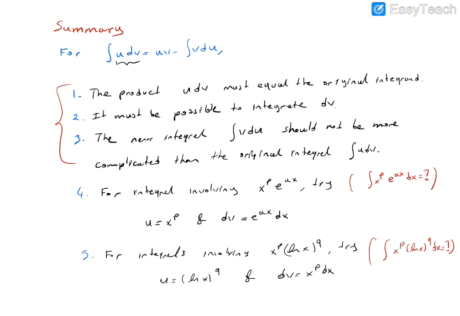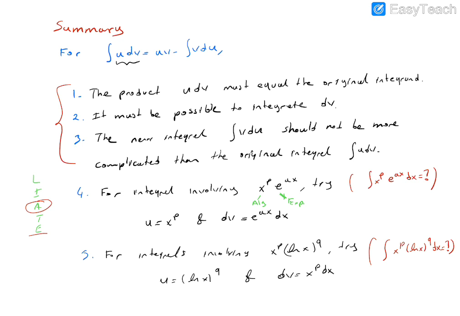For example, let's turn back to here: x to the power p. This is an algebraic function. This is an exponential function. According to LIATE, first there is no logarithmic or inverse function. First we have the algebraic function, and then the exponential function.